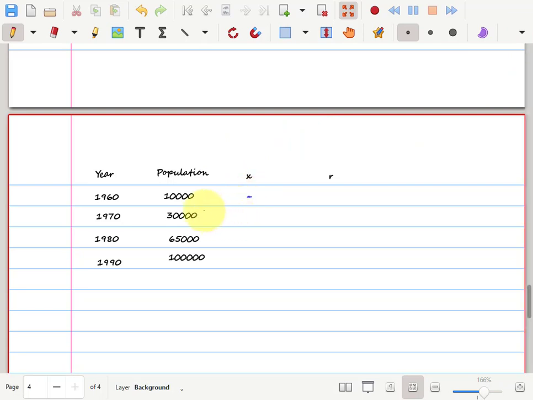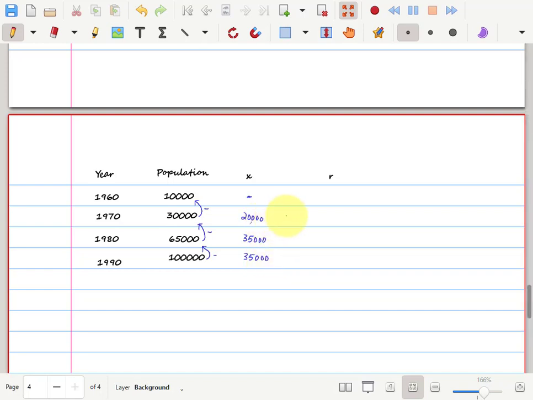For the second term, we need to subtract this with the previous population. We will get 20,000, right? 20,000. Then this minus this is 35,000. This minus previous population is again 35,000.